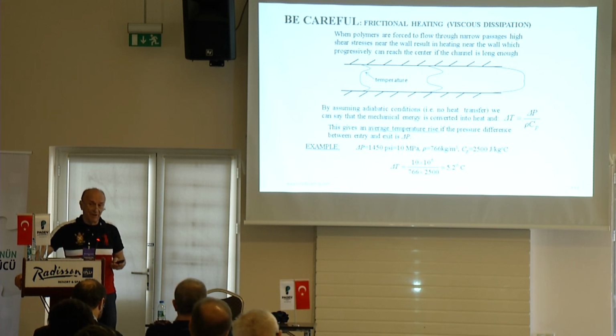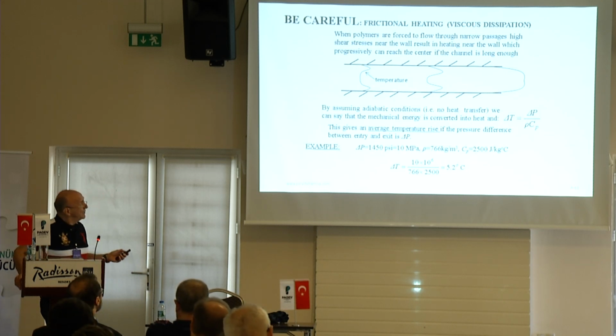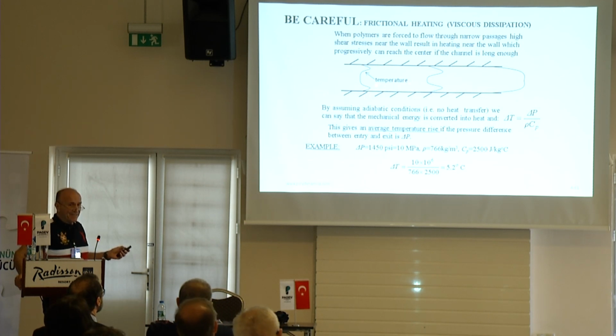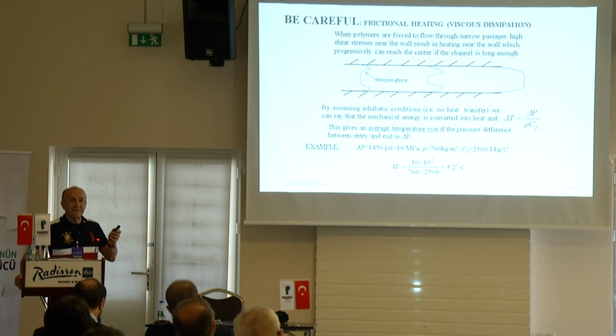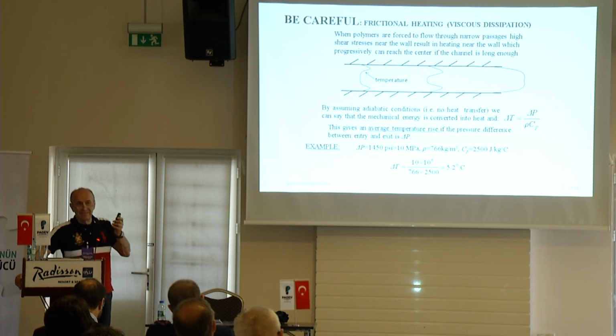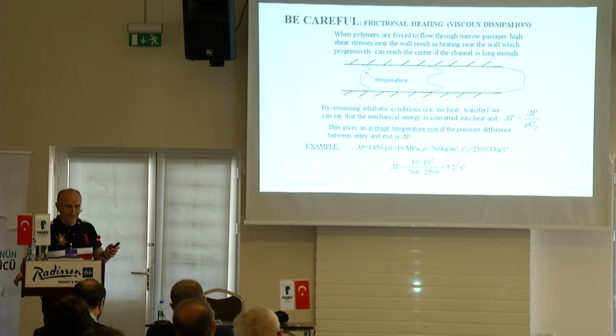And this can be very, very large. Typically, in a tube, we see that viscous dissipation is going to be highest near the wall, because that's where we have the highest value of the shear stress. High shear stress and high dissipation go together.